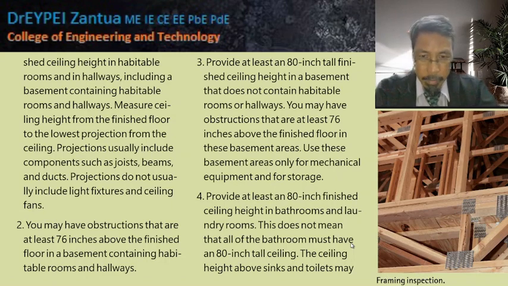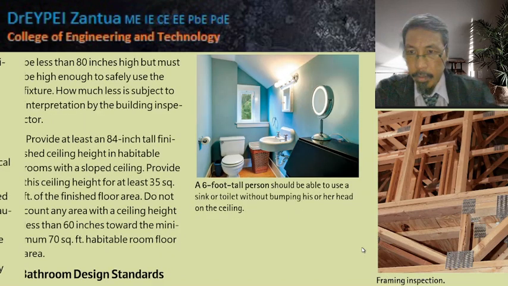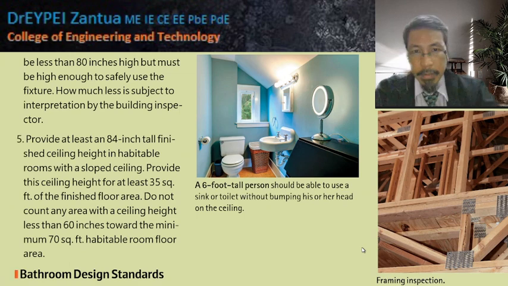Okay, this does not mean that all of the bathrooms must have an 80-inch tall ceiling. Ceiling height above sinks and toilets may be less than 80 inches. Okay, so there must be this special provision because bathrooms may have sloping ceiling.